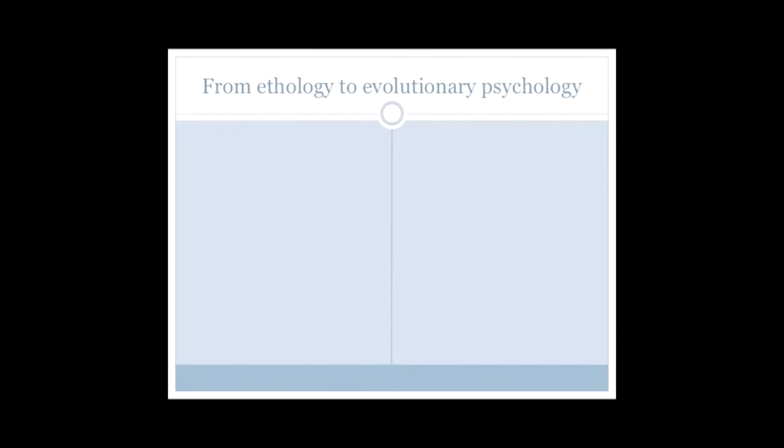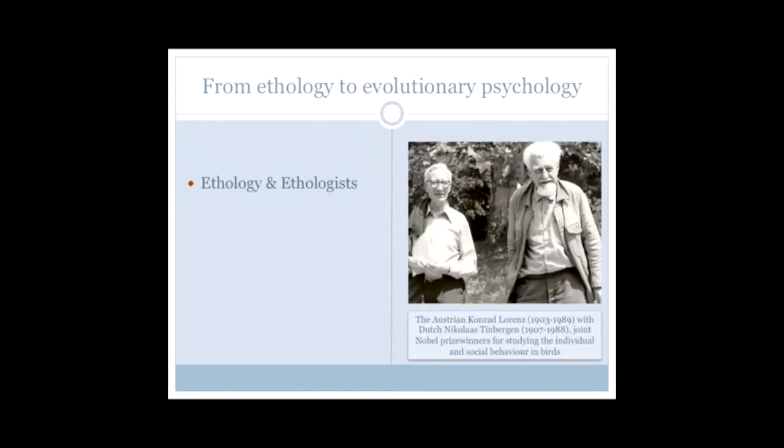We can see the origins of evolutionary psychology lying not just in the realms of sociobiology, but in the discipline from which sociobiology emerged, which was ethology, which is basically the study of animal behaviour. And two particularly important ethologists we can see here, Lorenz and Tinbergen, who were joint Nobel Prize winners for studying the individual and social behaviour in birds.